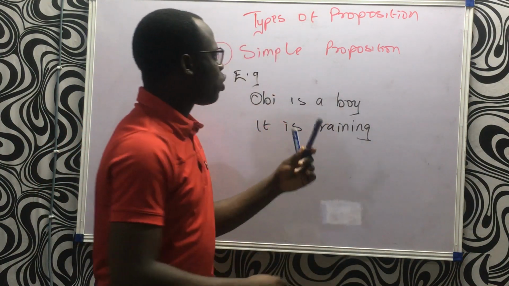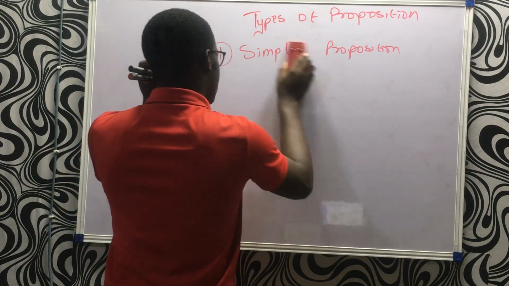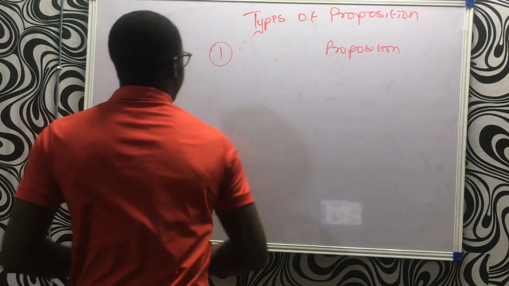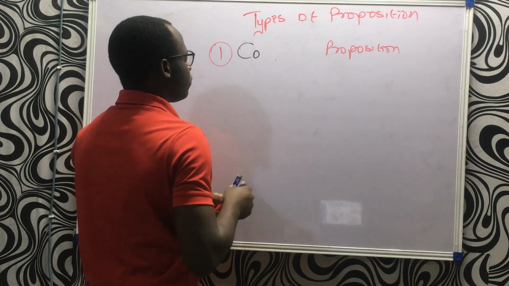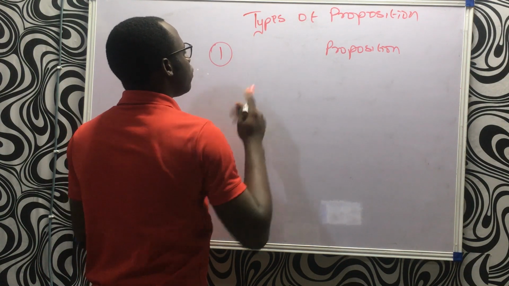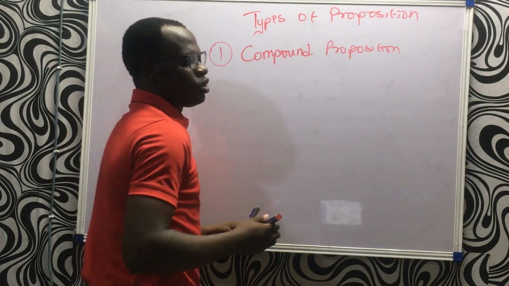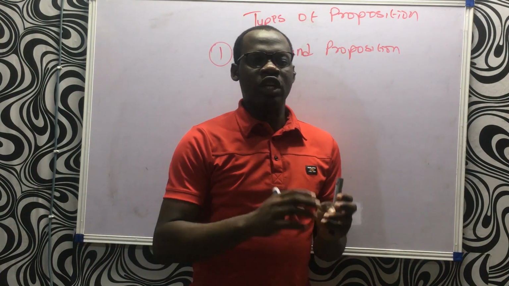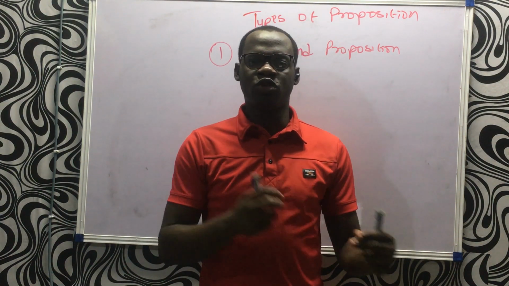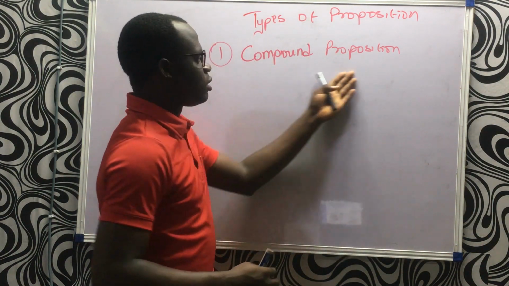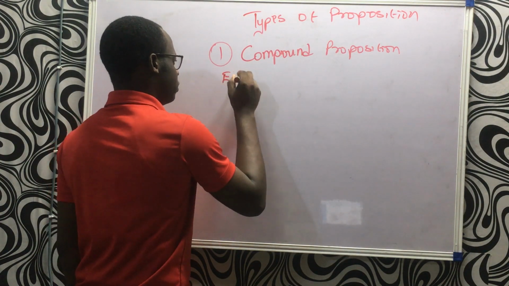Now we'll be looking at the second one, which is the compound proposition. The compound proposition is the one which has a conjunction joining two statements or two propositions together. So this is made up of more than one statement. Now we have an example.